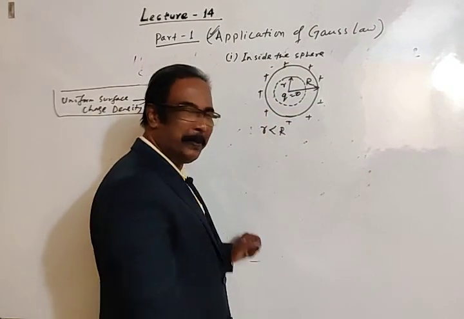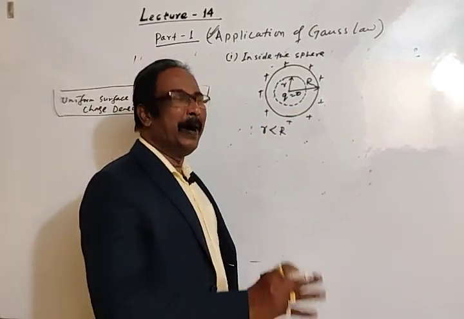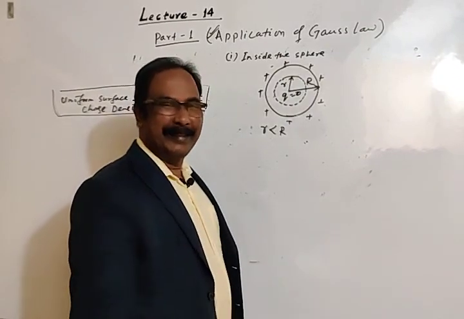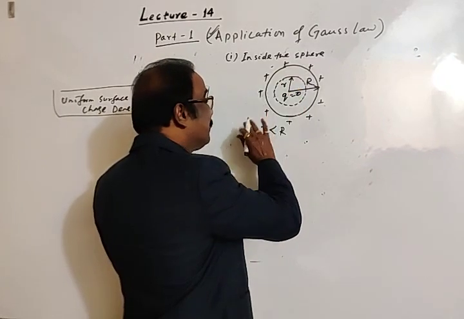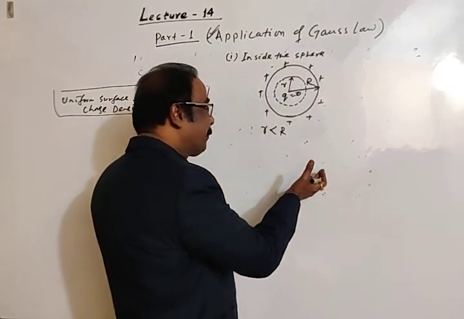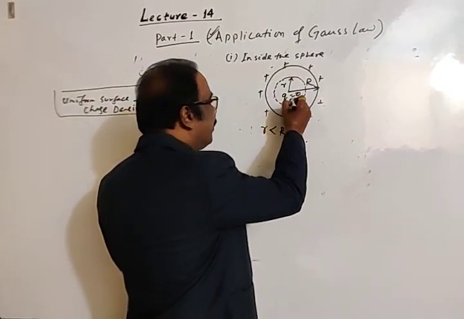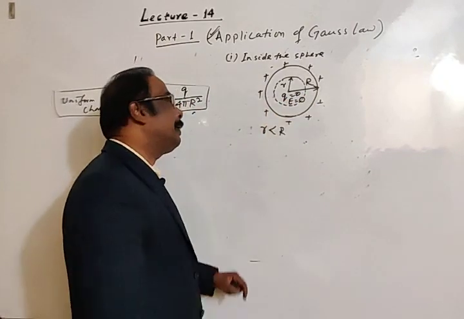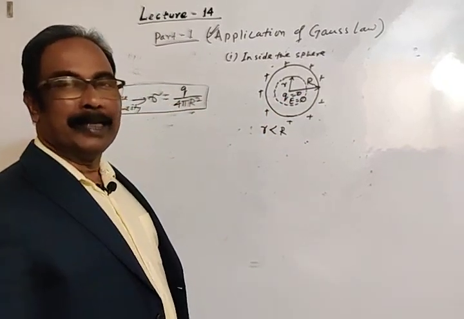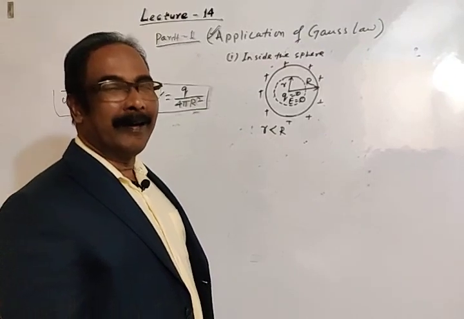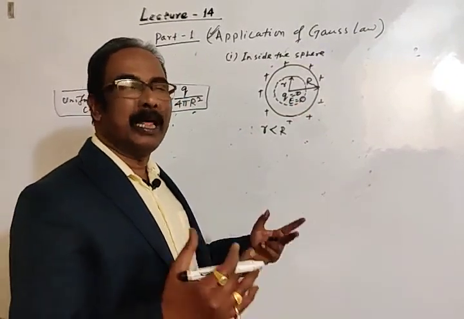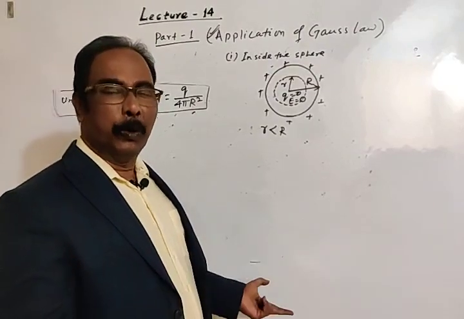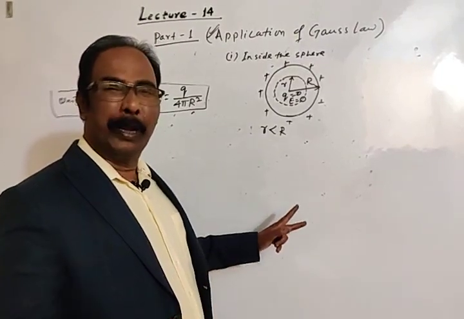Here, charge is 0. Okay. So, where there is no charge, there is no flux. So, here, where there is no charge, there is no electric field. Thus, inside the charged sphere, may be conducting solid sphere or insulating or conducting thin spherical shell, electric field is 0. Since there is no charge, there is no field lines, there is no electric field.